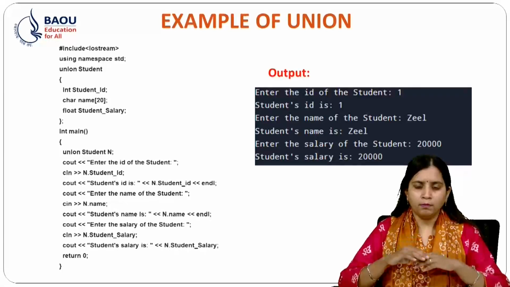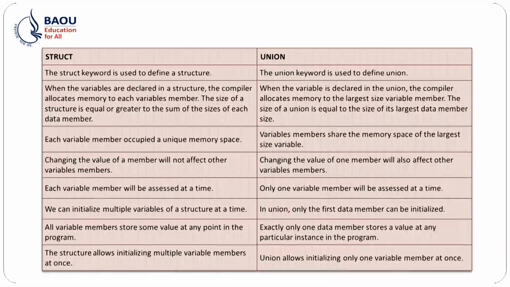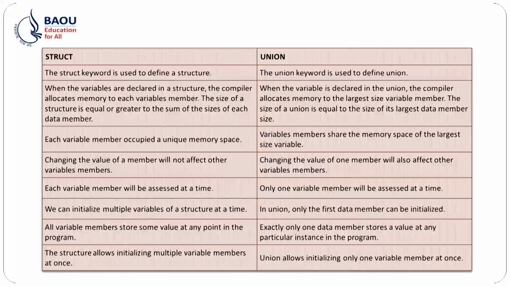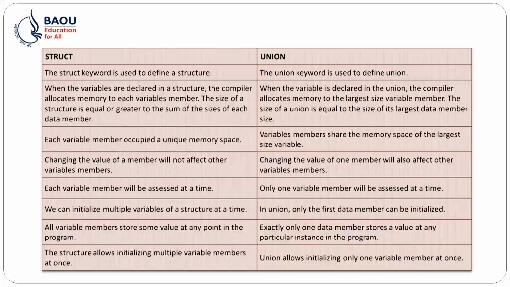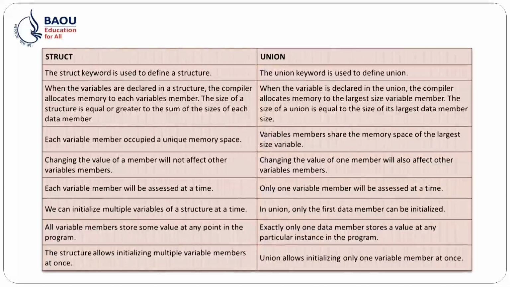So let's see the basic difference of structure and union. In structure we have struct keyword, in union we have union keyword, and as I have said, when the variables are declared in structure the compiler allocates memory to each variable member.